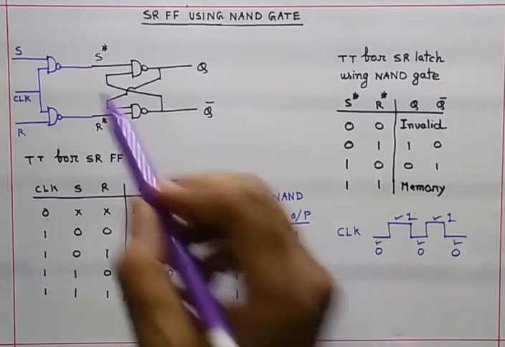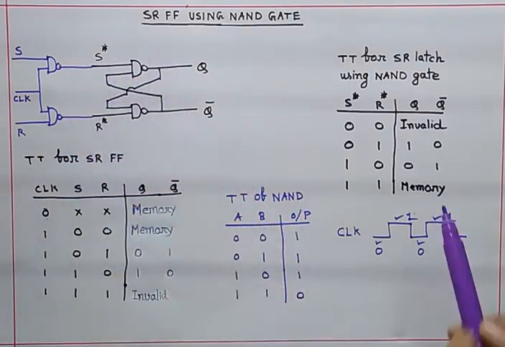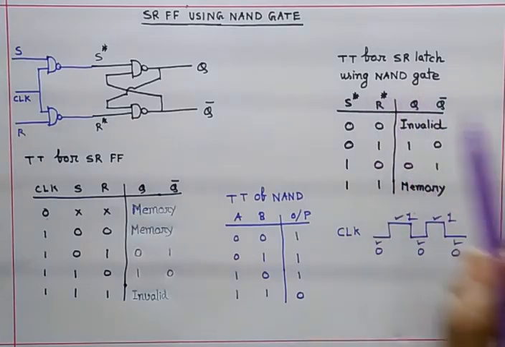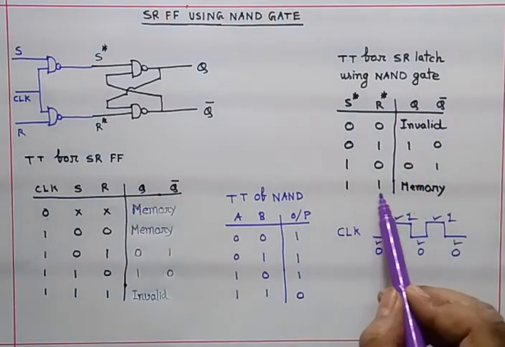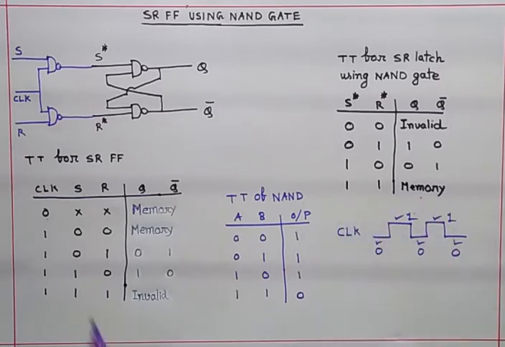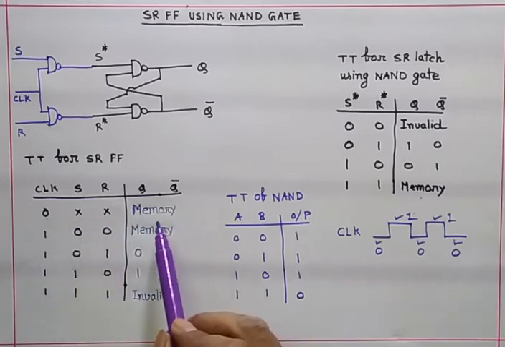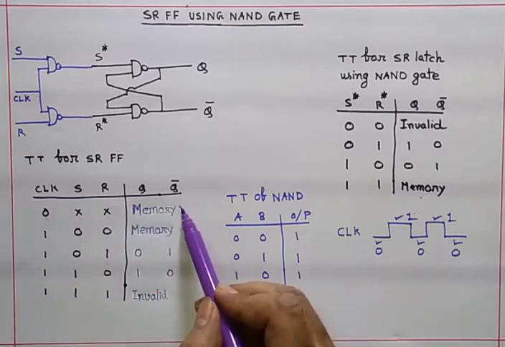Now you are feeding 1 1 to this SR latch. Now come to the truth table for SR latch. You know that for 1 1 input, the SR latch behaves as memory. That's why for this input pattern, the SR flip-flop output will be memory.